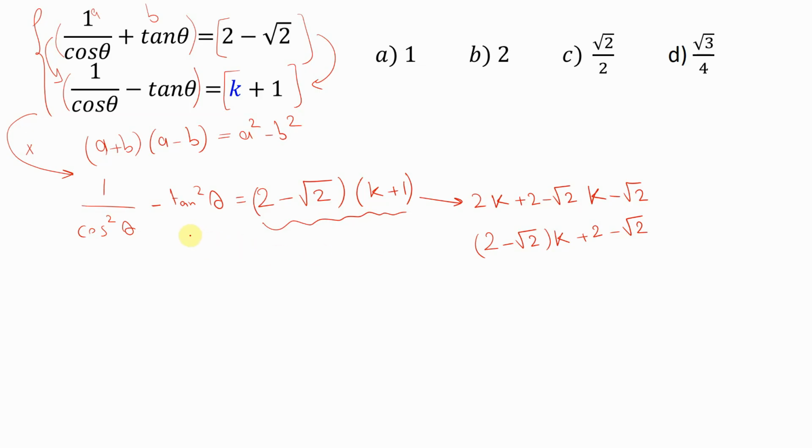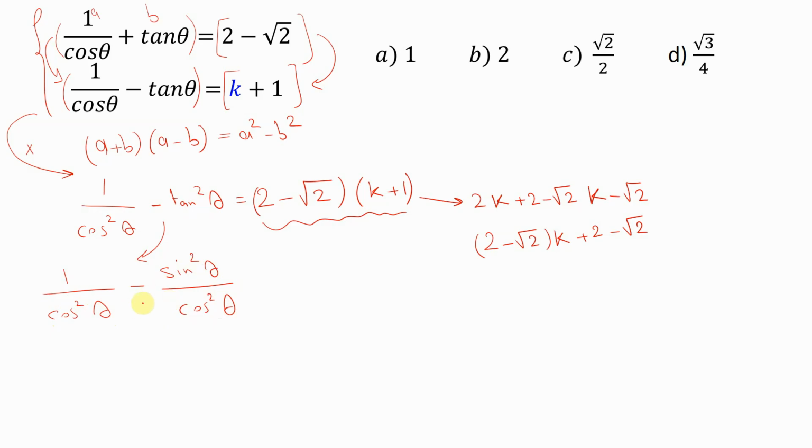And how about the left hand side? If you look at it carefully, you can simplify this step by step. 1 divided by cosine squared of theta minus, instead of tangent squared theta, I'm going to rewrite it as sine squared of theta divided by cosine squared of theta.